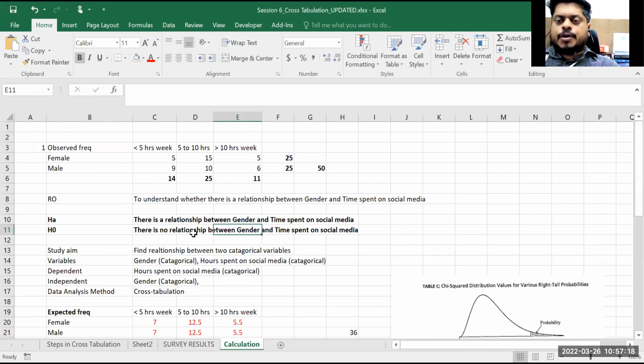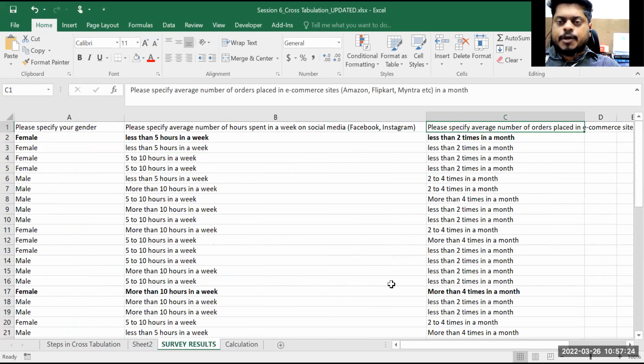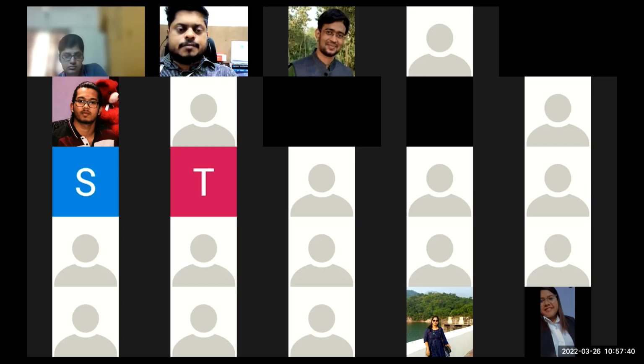So try to create a cross tabulation for the other information I have given: gender versus the number of orders they put in a month on different e-commerce platforms. Whether there is a relationship between gender and number of orders put on e-commerce platforms, we'll discuss in the next class.